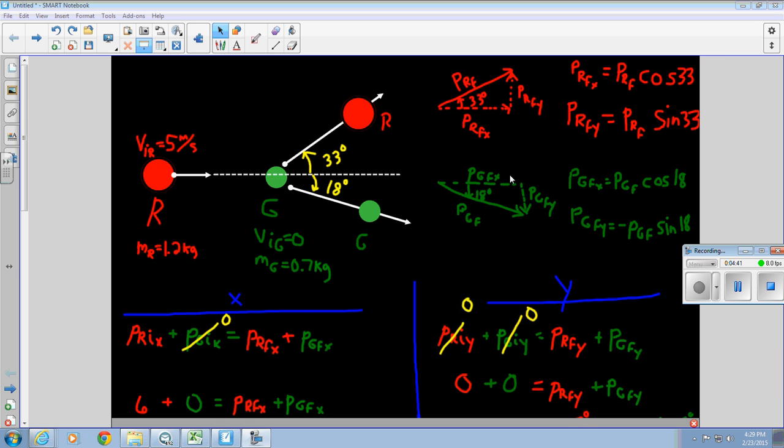And the same thing goes for the green ball. We're going to use cosine of 18 for the x and sine of 18 for the y component. And it's negative here because our y component for the green ball is going in a negative direction. So we have to identify that as negative.